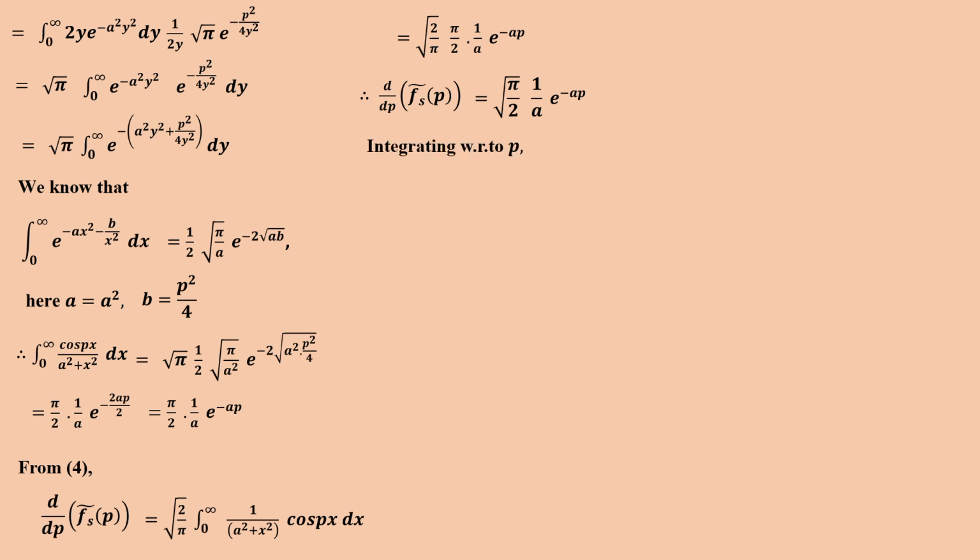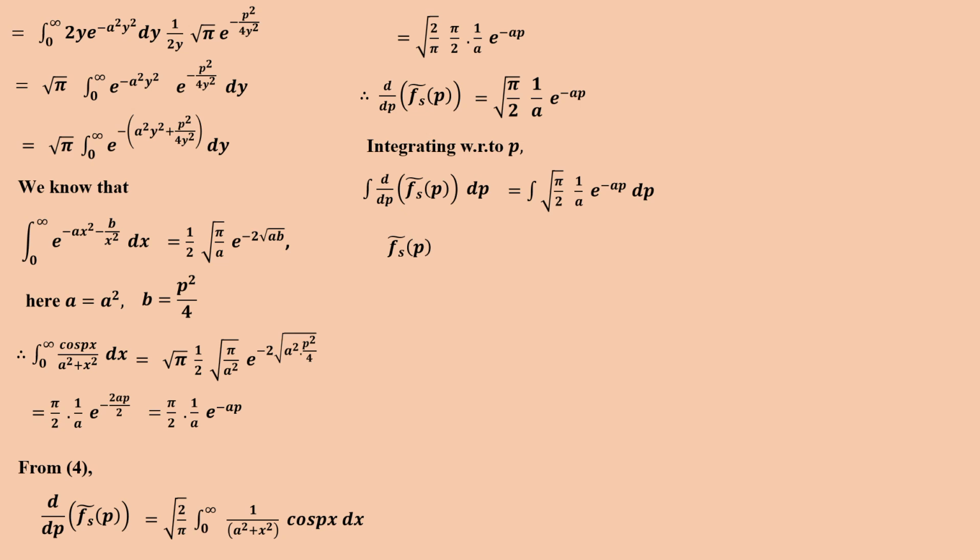Now integrating with respect to p, we have integral d by dp of fs bar of p dp, which is equal to integral root of pi by 2 into 1 by a e power minus ap dp. The left hand side becomes fs bar of p, because we know integral dx is x.